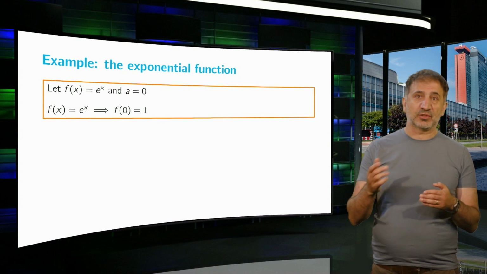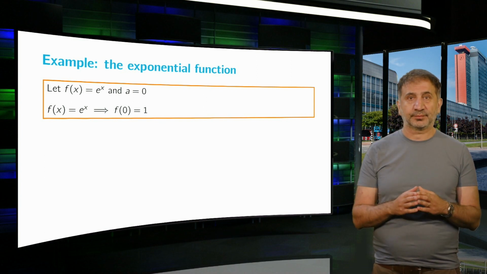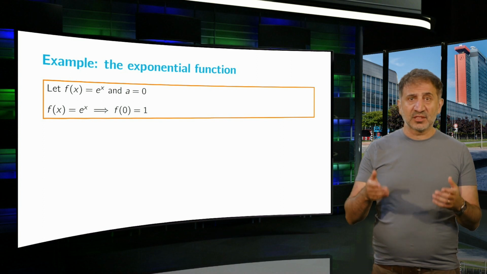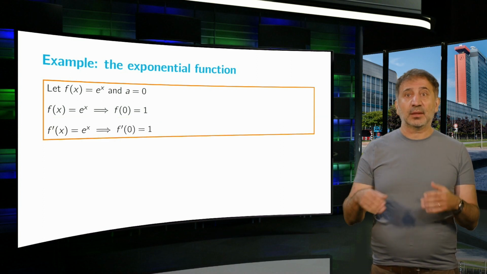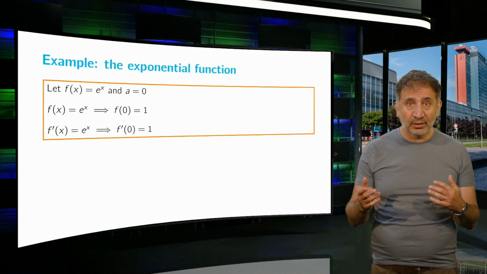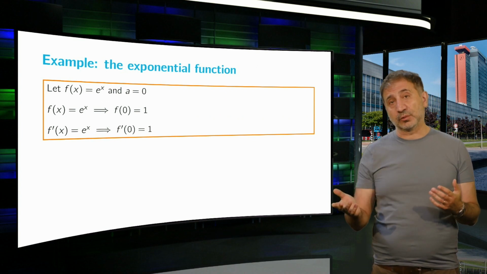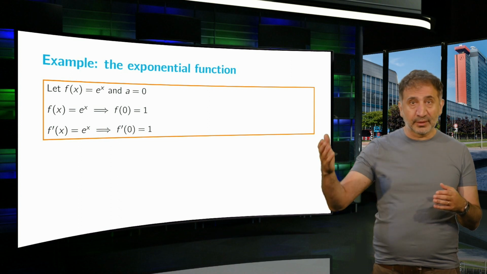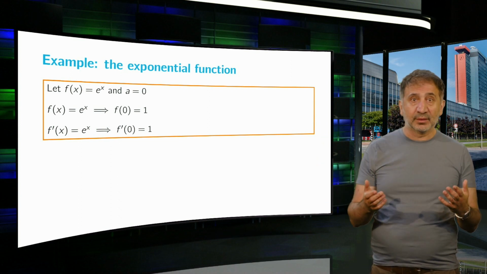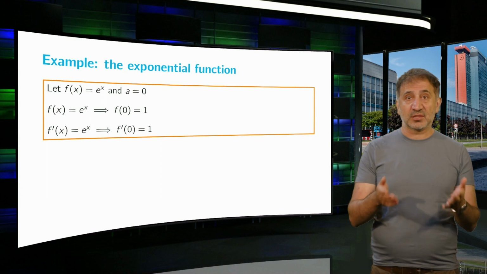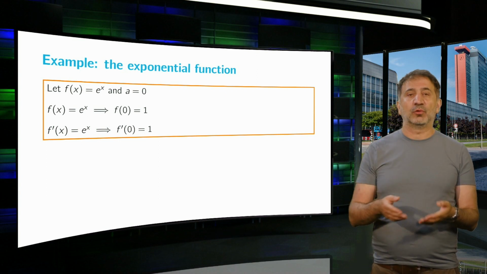Of course, f of 0 is equal to 1. Since the derivative of f of x equals f of x itself, it follows that f prime of 0 also equals 1. Continuing this, we see that evaluating the kth derivative of f in 0 equals 1 for all k.